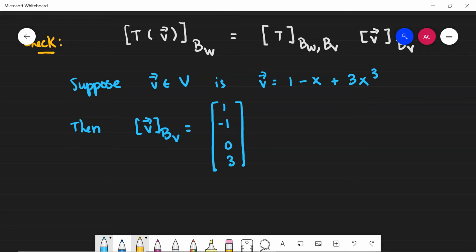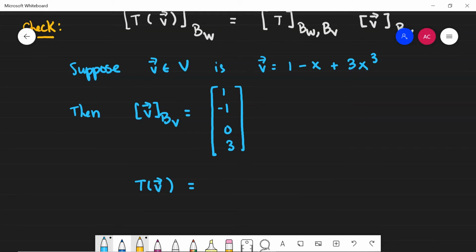Now, let's compute T applied to the vector v. This one is a little bit more annoying to compute, but we can still do it. Remember, T applied to a plus bx plus cx squared plus dx cubed is a plus d, plus bx, plus a plus 2cx squared. So a is equal to 1, and d is equal to 3 if the vector v is 1 minus x plus 3x cubed.